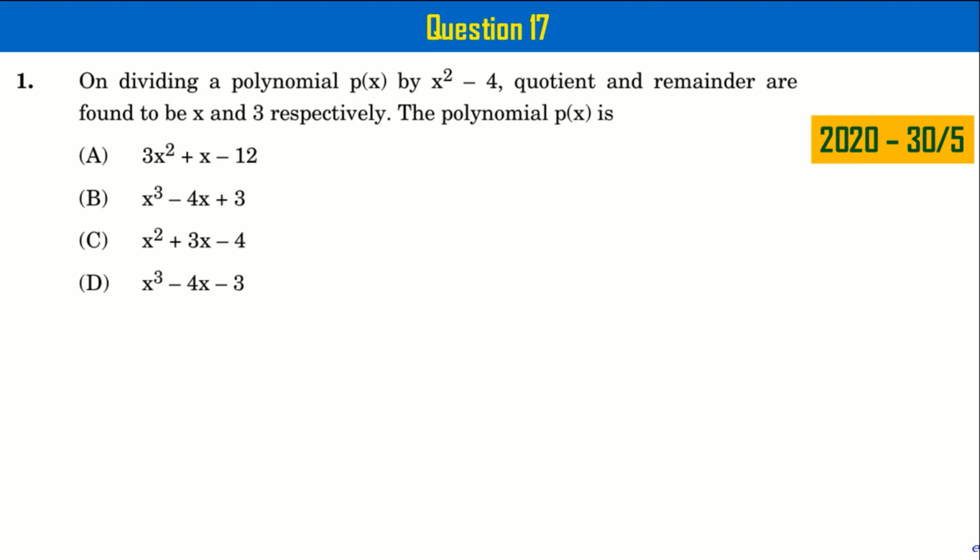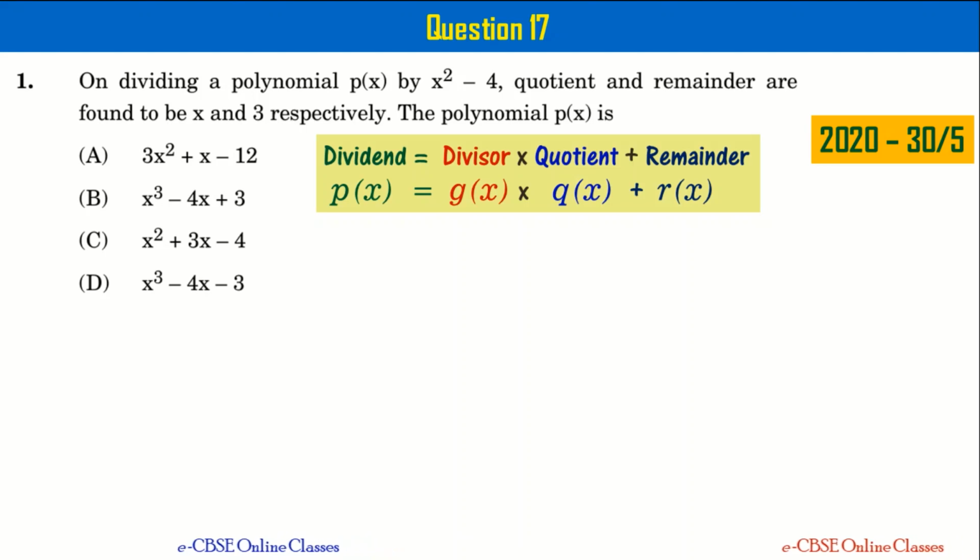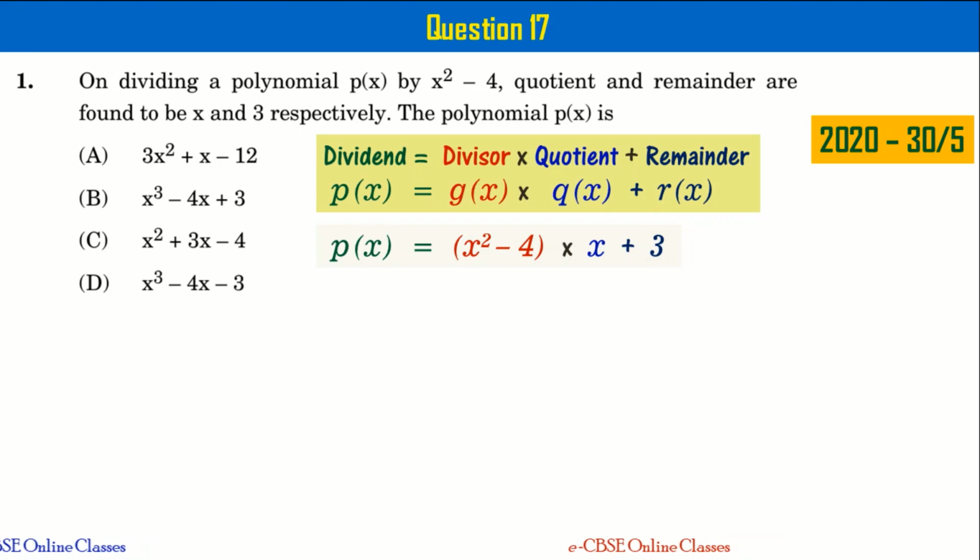Now, let's go back to the problem. Let me write p of x equal to g of x times q of x plus r of x. From the given problem, we know that the divisor is x square minus 4, the quotient is x and the remainder is 3, right?